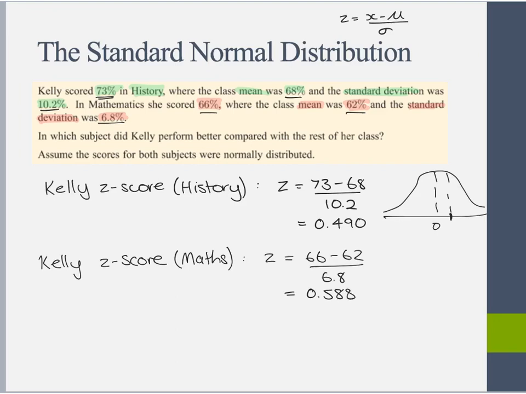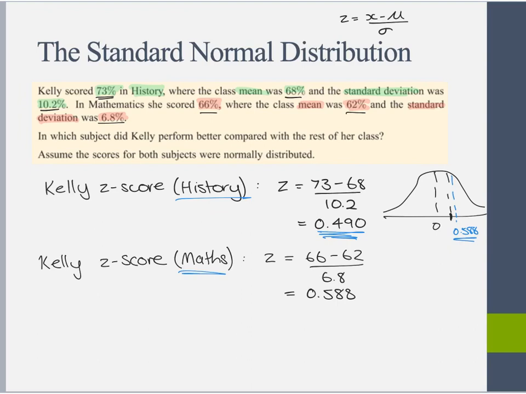If we were to draw that on the same one here, it's just a little bit higher. So that'd be the 0.588 compared to the 0.490. So this means that Kelly's z-score for maths is 0.588 standard deviations above the mean, whereas in history she's only 0.490 standard deviations above the mean.